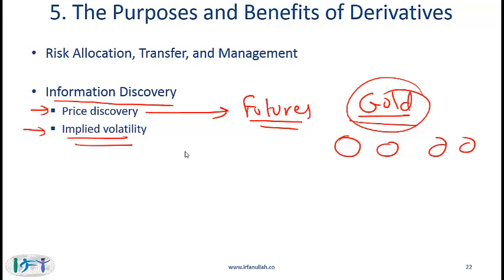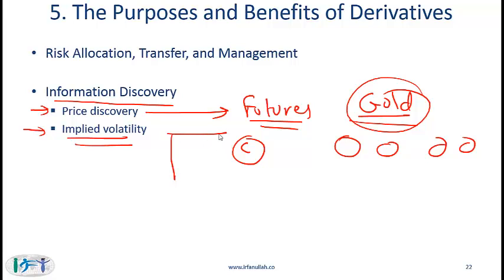The other point is implied volatility. We'll see this in more detail when we study the different kinds of derivative contracts later, but the high level point is this: the price of a particular kind of derivative, let's say a call option, is based on several variables.